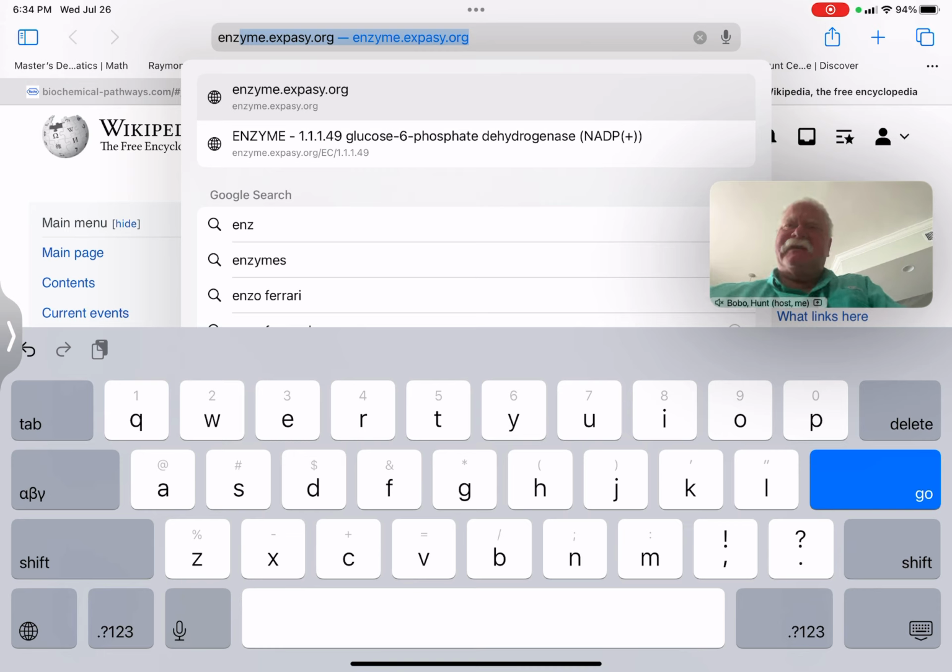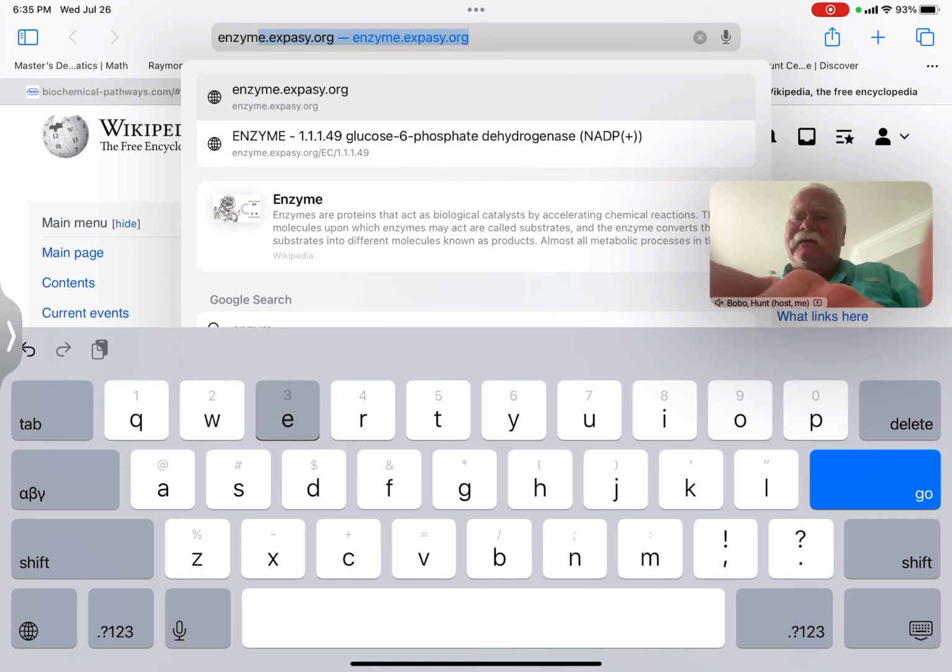It's a protein made of multiple polypeptides, which are made of multiple amino acids each, all folded together in a tertiary structure to act like a nanomolecular machine that lowers the energy of activation of converting one chemical to another, converting glucose to glucose 6-phosphate. You have to add in a higher energy molecule like the NADP plus up there.